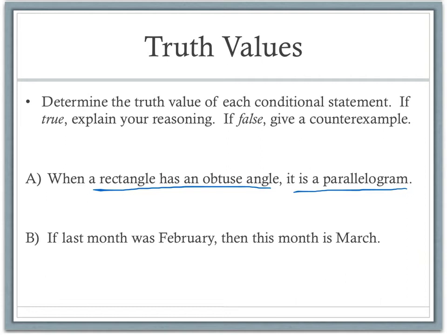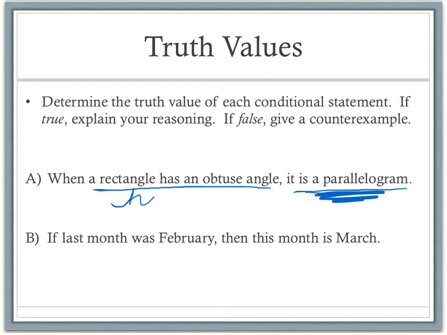Whenever you have a conditional statement in which your hypothesis is false, the statement is true by default, because really the conditional is meaningless since the hypothesis is not true.